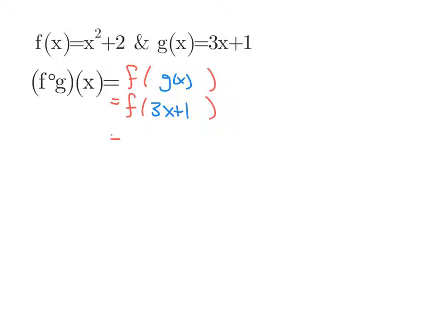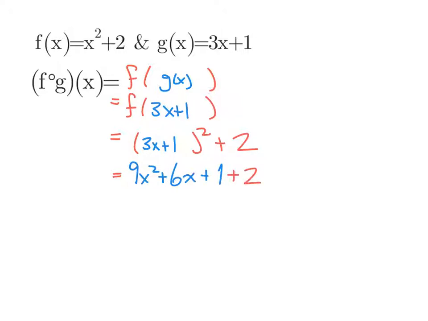Going back to f of x is x squared plus 2, instead of x, I'm going to plug in that 3x plus 1. Then, when we expand it all out, 3x plus 1 squared is going to be 9x squared plus 6x plus 1. And then to that, I'm going to add 2, and we'll get our final answer of 9x squared plus 6x plus 3.